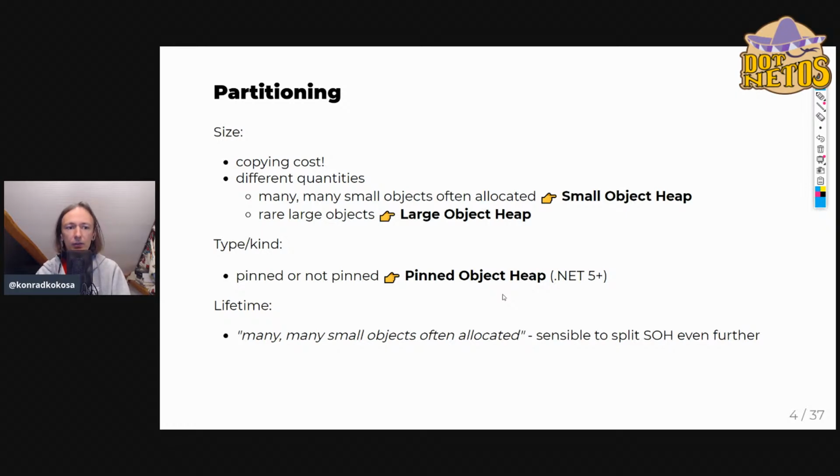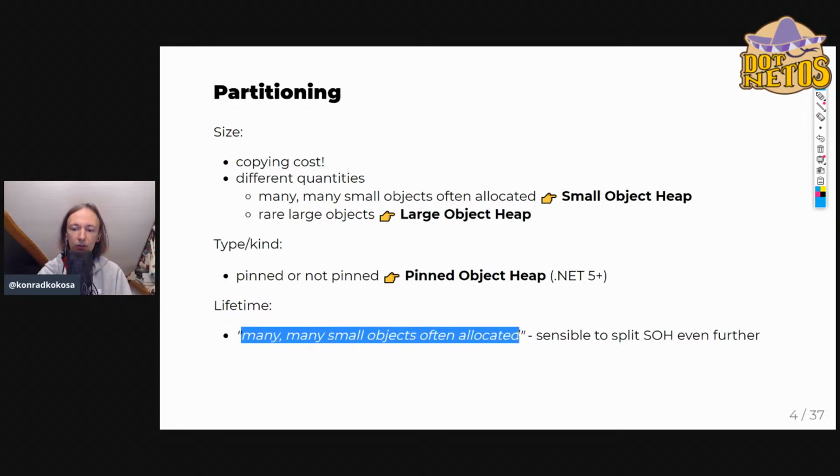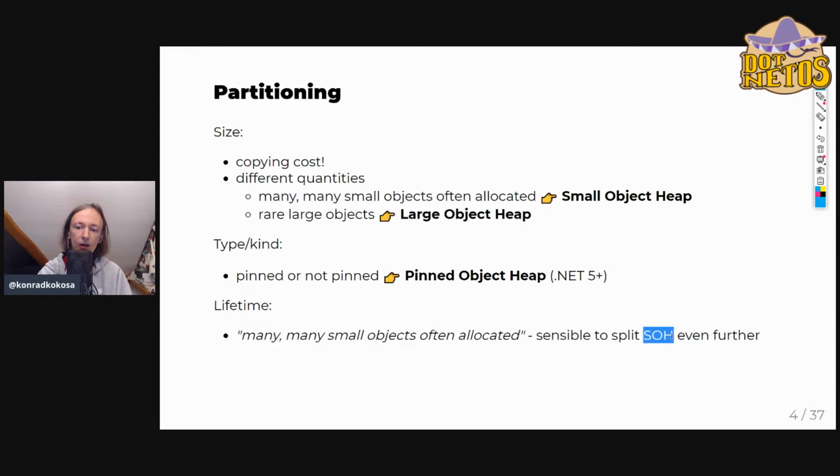And then we have the small object heap, large object heap, and pinned object heap. First of all, as I said, many small objects are often allocated in the small object heap. So SOH is the one that is mostly used, and I would say 99% of objects live in the small object heap.